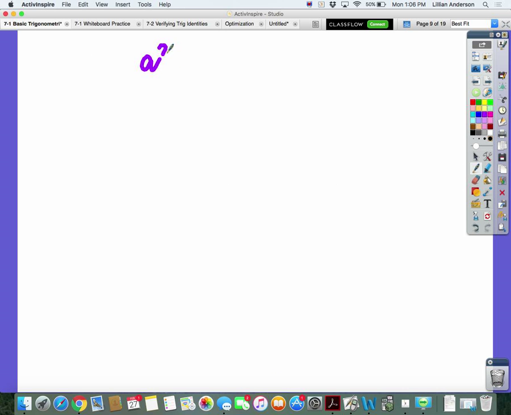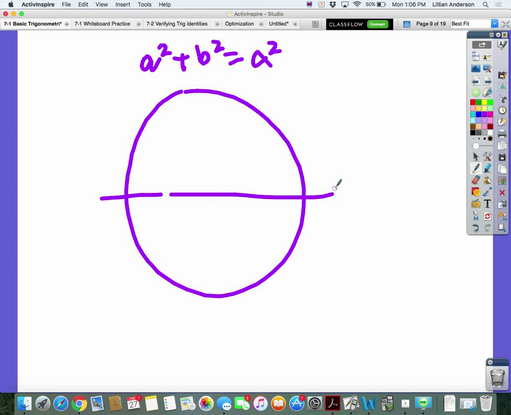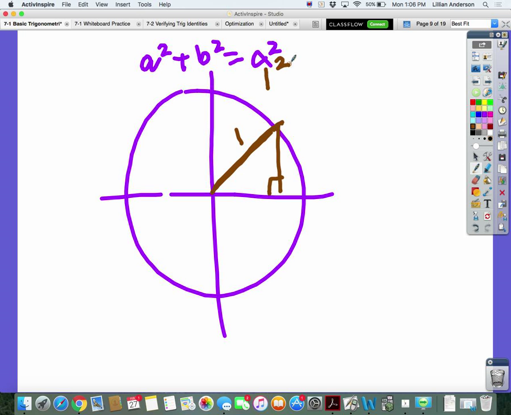But when you look at your unit circle, and we draw in a triangle like we always do, technically we would have a squared plus b squared equals c squared. Well, this c represents the radius of the unit circle. What's the radius of the unit circle? 1. Exactly, so c is going to be 1, and you square that.